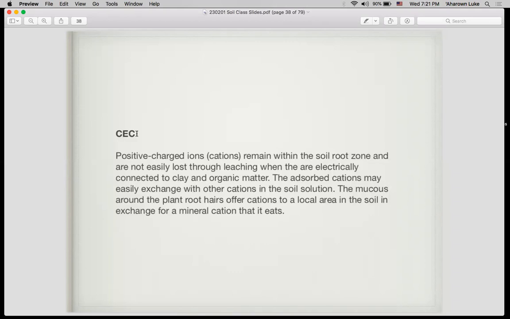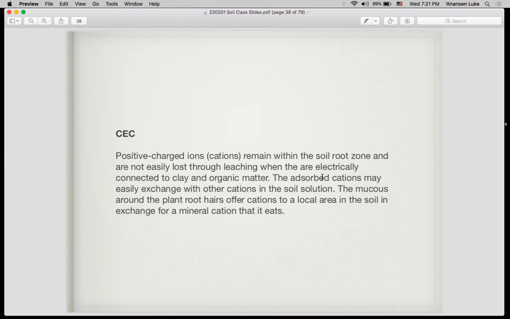So the absorbed cations may easily exchange with other cations. Once you have the soil set up correctly, stuff can flow back and forth, and it opens up. The soil tilth is different at that right balance of cations.